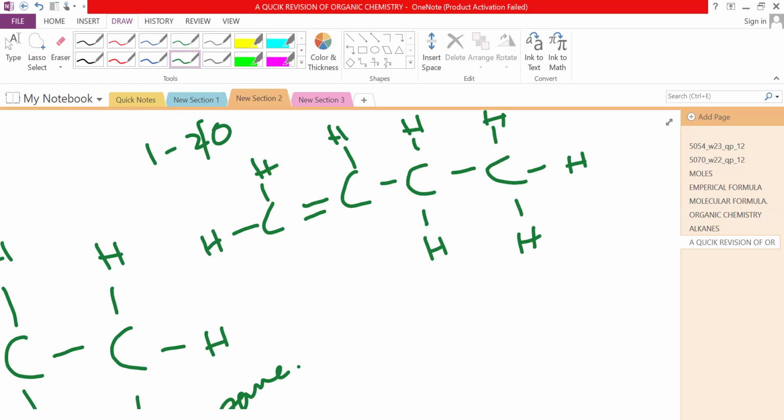A double bond on the first carbon or at any carbon indicates that this is an alkene. It contains 1, 2, 3, 4 carbons, so it is butene. Its name is butene.